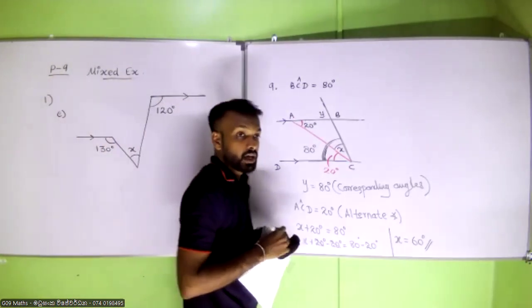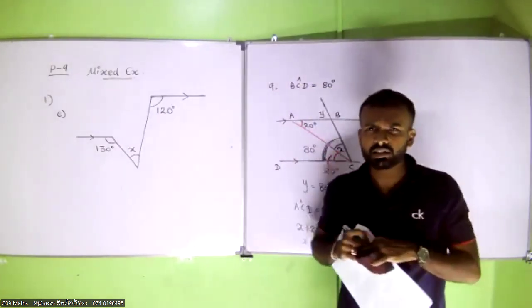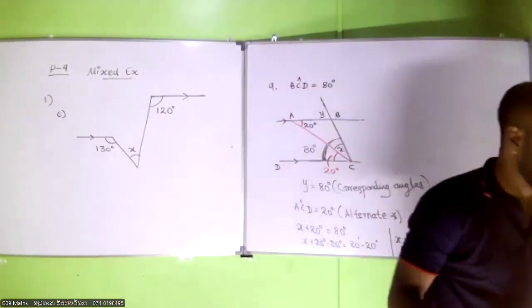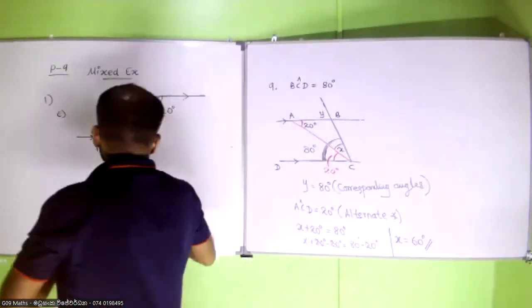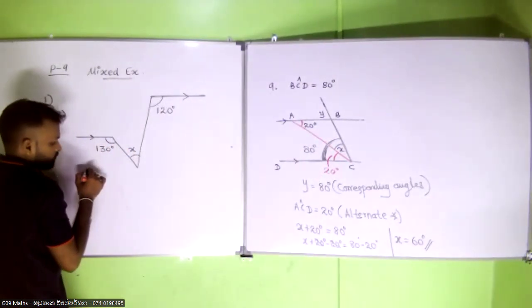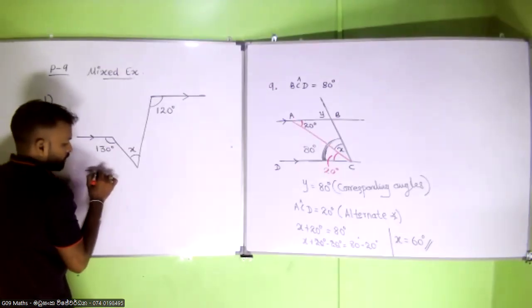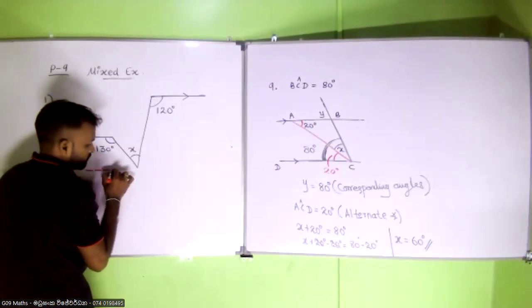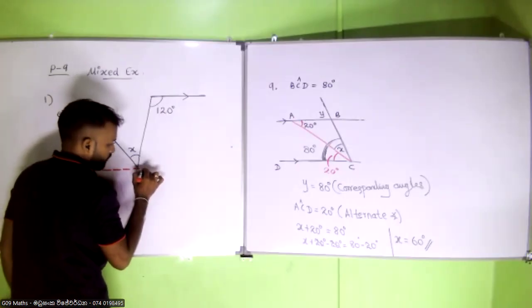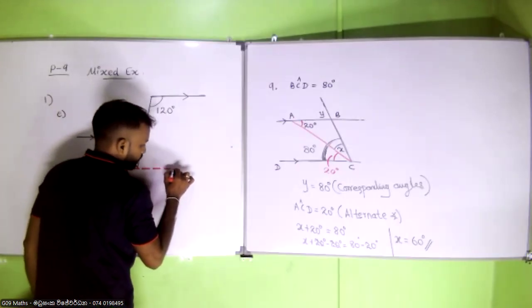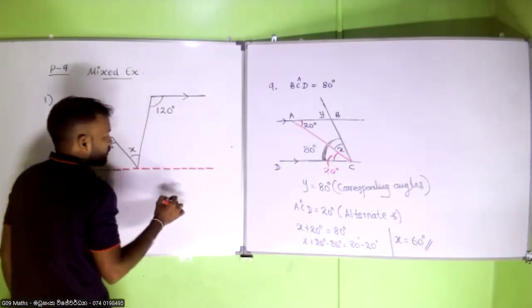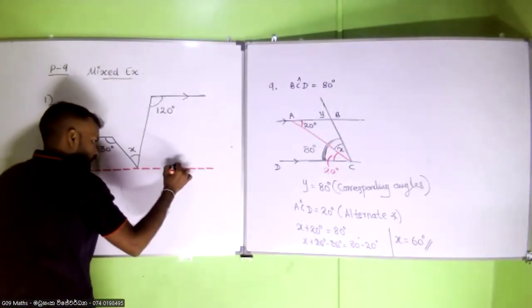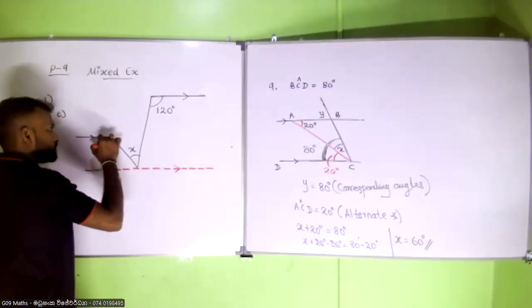How to find x? There are a few ways, but the easiest way is to do some kind of construction. From here, I am going to construct a straight line which is parallel to both lines, this one and this one.